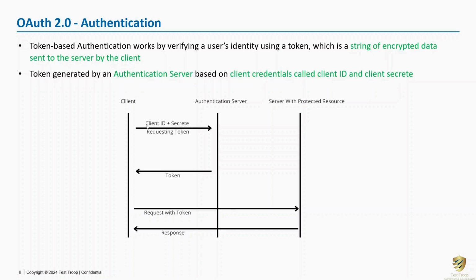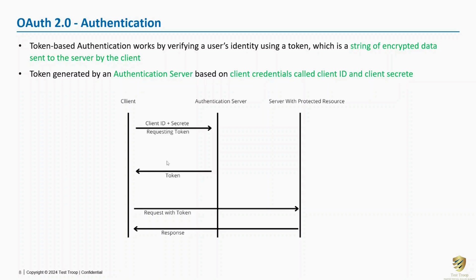If it passes, it sends back the token to the client. Then the client uses this token similar to the bearer token. It binds this token along with the request header and sends a request to the server. And the server again checks the authenticity of this token and sends the response back to the client.